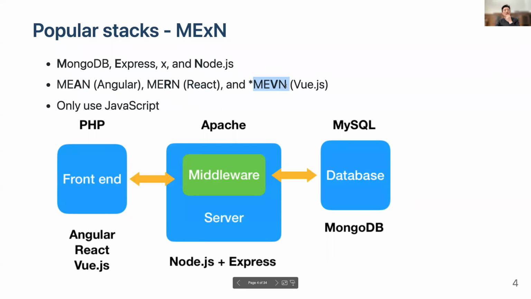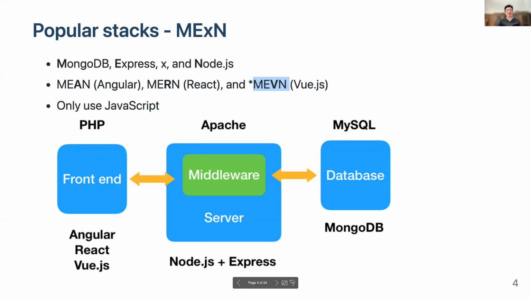Okay, and at least one of the advantages is that we're only using one language, which is JavaScript, for all the parts. For example, if you use PHP, that's a different language. Apache is again different from JavaScript. And then MySQL uses its own data format, which is again different from JavaScript.